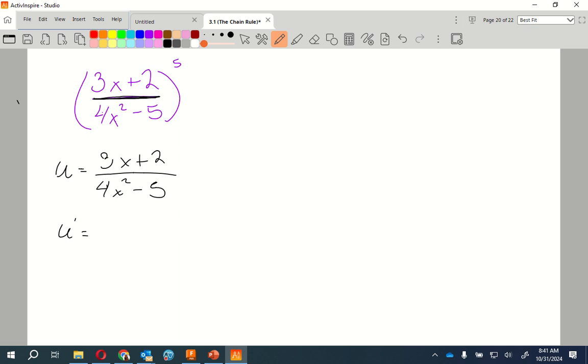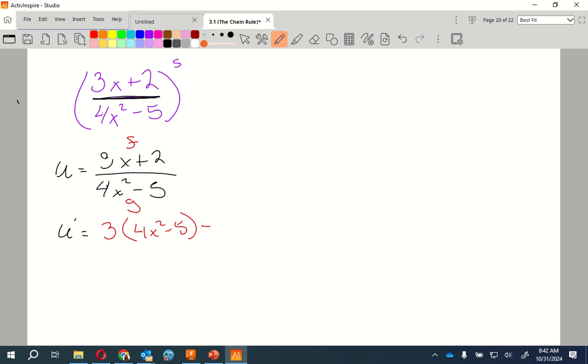And I'm going to rewrite this here. So this is my F, and this is my G. Remember, quotient rule is F prime G. So F prime is going to be 3 times G, 4x squared minus 5, okay, minus G prime F, right?